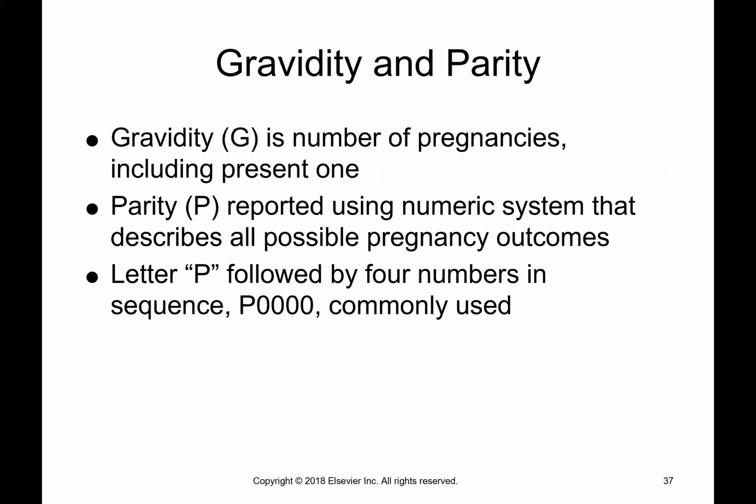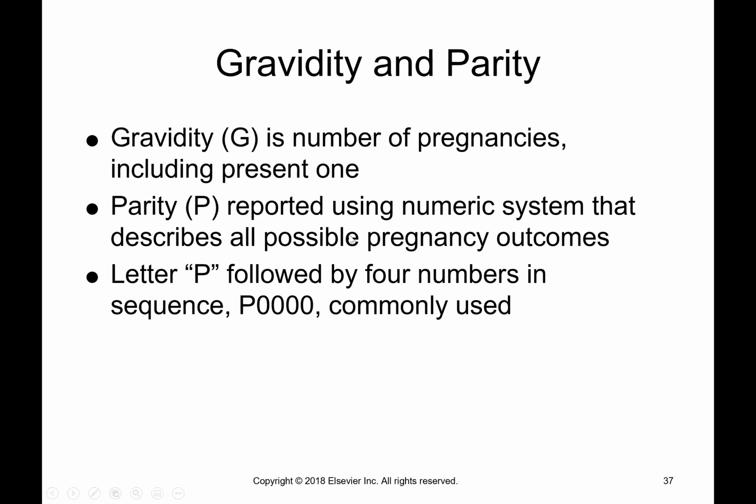You'll also ask, how many times has the patient been pregnant? This is what we call gravida and para. Gravida, and you need to know this for your test. The gravida, G, is the number of pregnancies, including the present one. So for me, let's say I was pregnant 3 times. So my gravida would be 3.